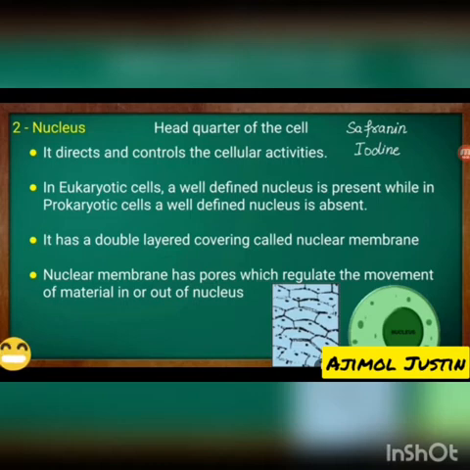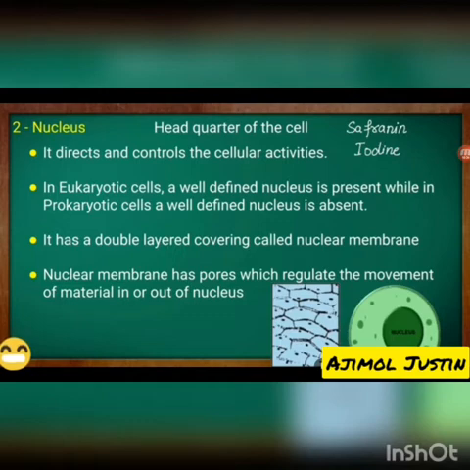What should occur in this cell? How should it occur? All those things are controlled by the nucleus. Now we have two types of organisms, eukaryotic organisms and prokaryotic organisms, based on the presence of nucleus. In certain organisms, nucleus is not present. It is absent.